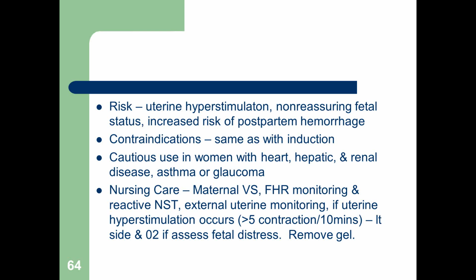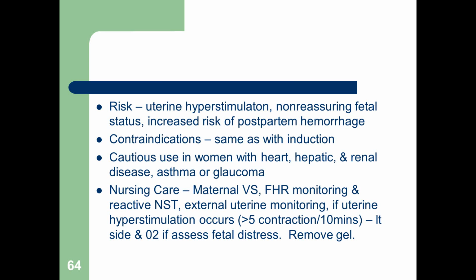Contraindications are the same as with induction, okay? We've got to be real careful. We're going to monitor the patient, monitor the fetal heart rate, and look at the uterine monitoring, making certain that we're not hyperstimulating, in other words, greater than 5 contractions in 10 minutes. Put them on their side, administer oxygen, and assess for fetal distress.